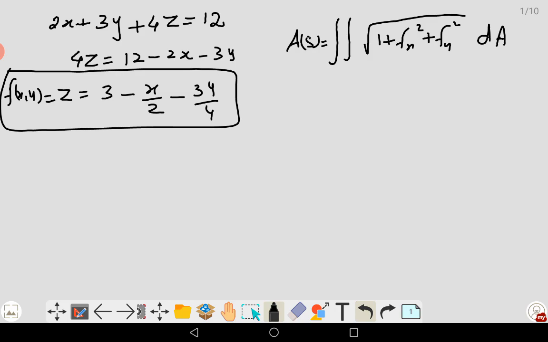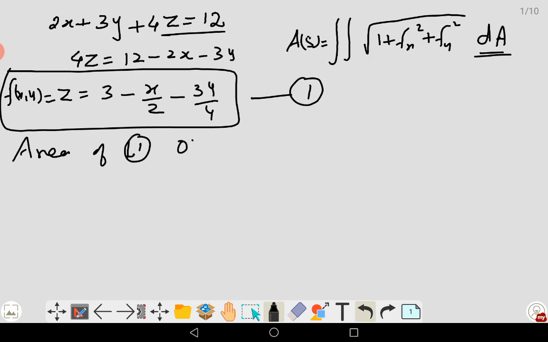Okay, now dA can be dx dy, obviously, when you project the surface on the xy plane, taking z axis as 0, right? So when you take z axis 0, this is equation number 1, the area of the region.